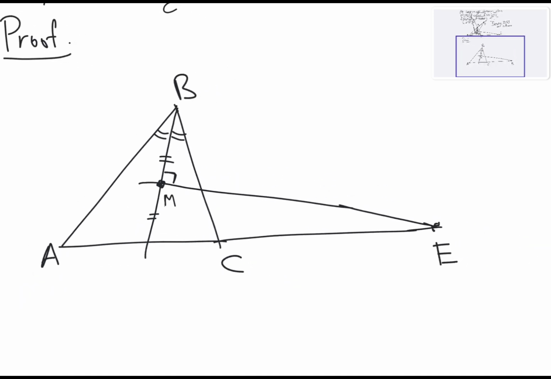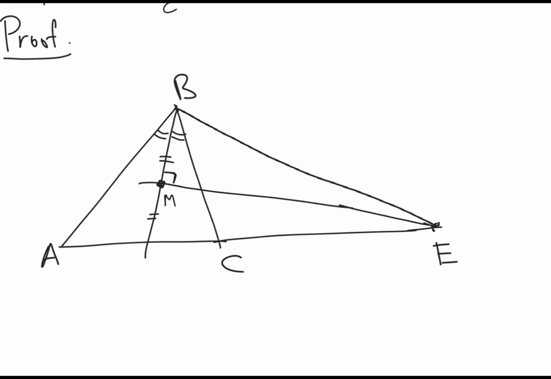So basically what we need to do now is we connect this B and E, and we calculate the angle. So the triangle, this point is not denoted. Let's denote it by K. Doesn't matter.